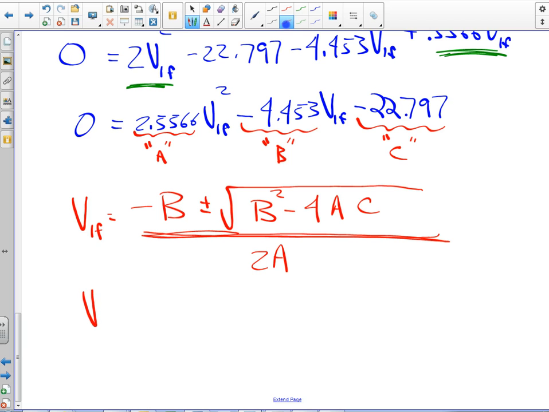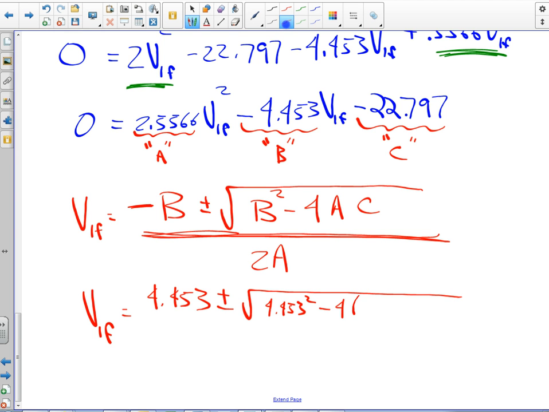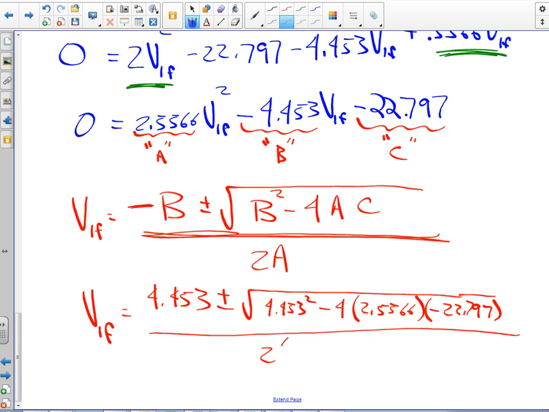So we'll plug in what we know. V1 final is going to be the opposite of B, so that's going to end up being positive 4.453 plus or minus the square root of 4.453 squared minus 4 times A, which is 2.5566, times C, which is negative 22.797, all over 2 times 2.5566.